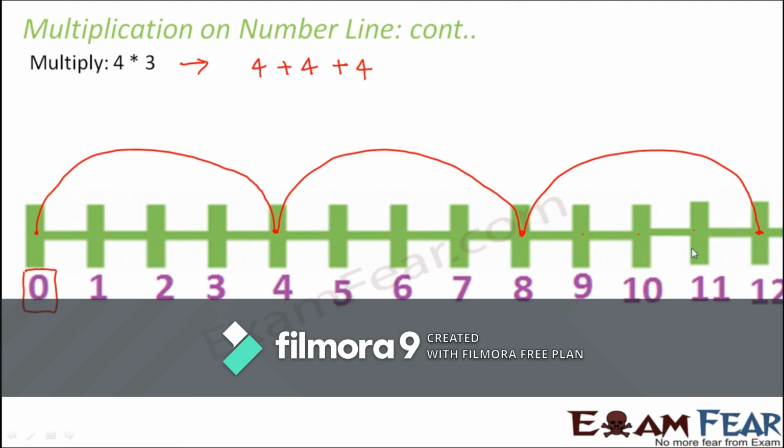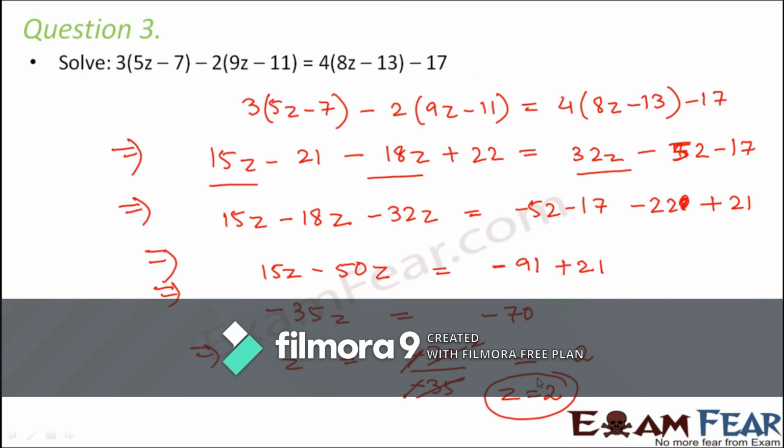So 4 is now added for 3 times. And where have we reached? We have reached 12. So this shows that 4 into 3 is 12. So here also we made 3 jumps, and each jump was for 4.